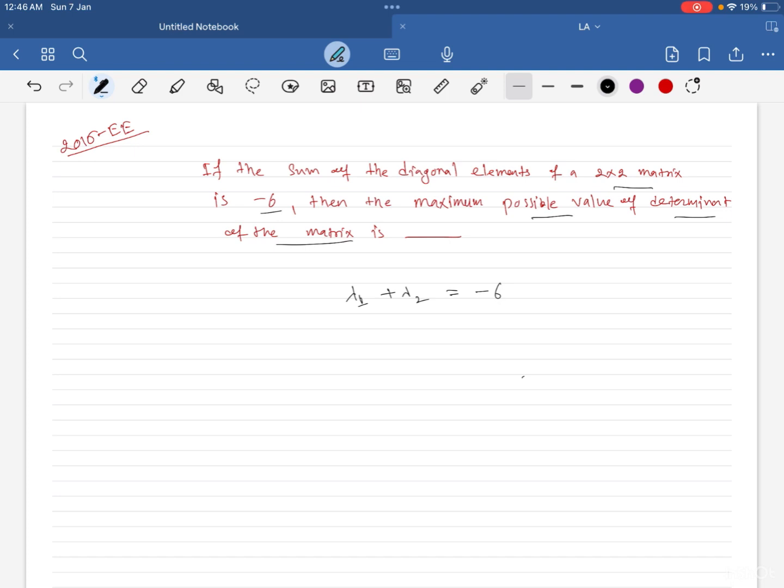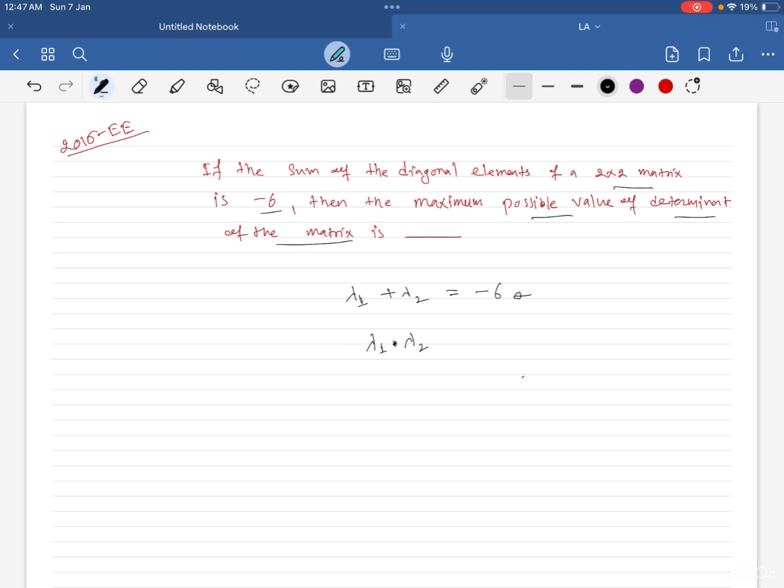So what would be the maximum possible value of the determinant, that is, the product of the eigenvalues? The sum is given as minus 6. So what could be the choice for lambda 1 and lambda 2, such that the sum is minus 6 and we have the product maximum?